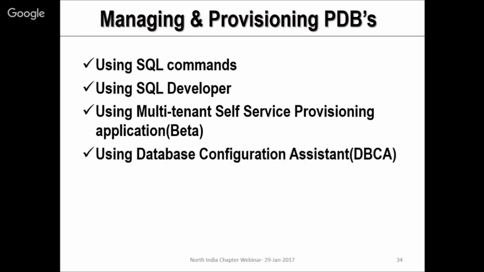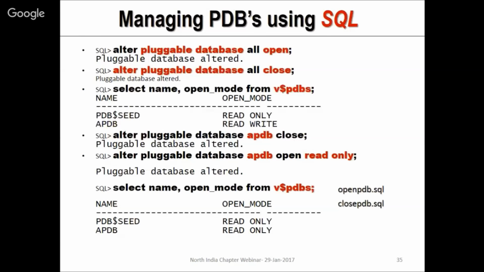So here are some of the commands which you can use to manage the PDBs. For example, you can have all the PDBs opened or closed by mentioning the command alter pluggable, or you can connect to a particular PDB and close it. Mind you, the PDBs are only opened and closed.